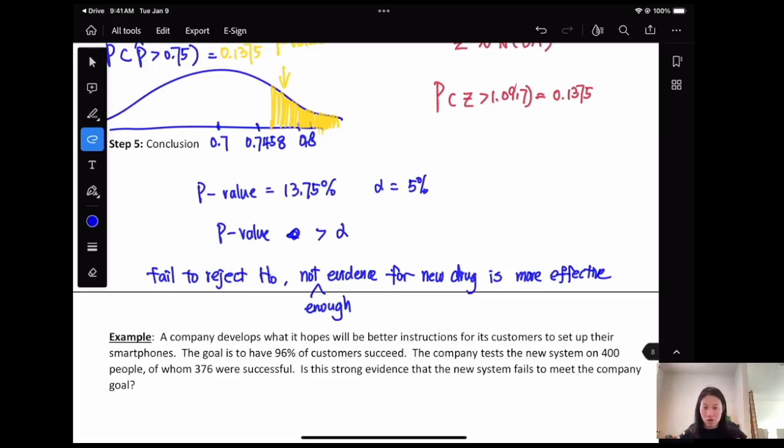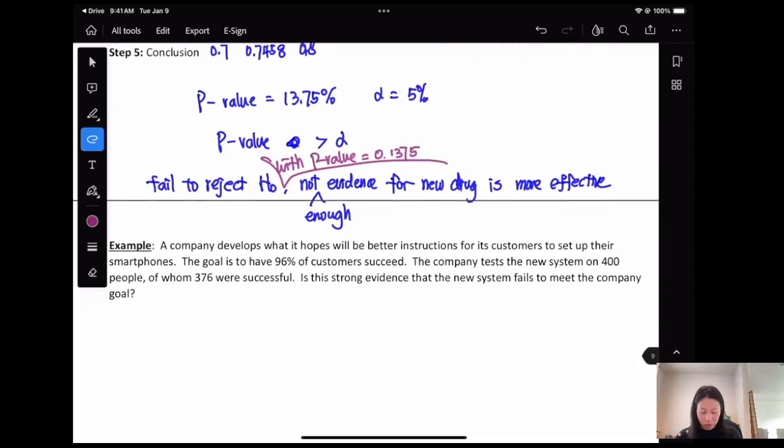So that should be your conclusion. And also you should mention the p-value. Fail to reject the null hypothesis. This part is important, with p-value equals 0.1375. Mention the p-value, please. Okay, so that's it for the conclusion.